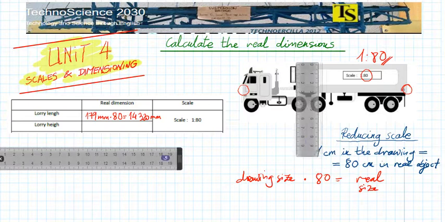We have to be sure that we match the zero with that, and then when we do that, we read the dimension here in the ground, and we can say that it is 53 millimeters, or you can express it if you prefer in centimeters, 5.3 centimeters times 80 equals, and when you do this product you get 424 centimeters.